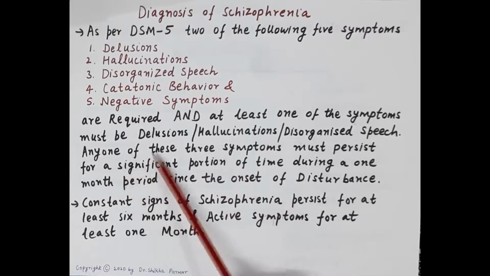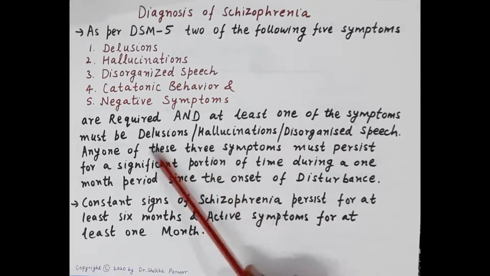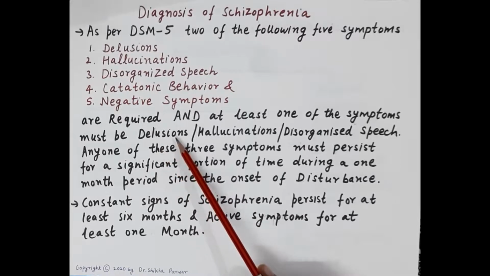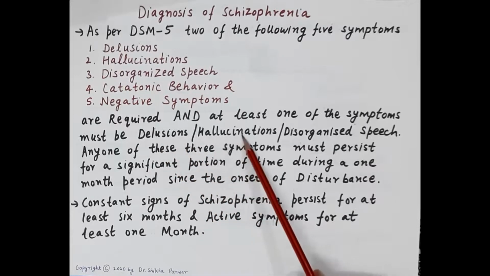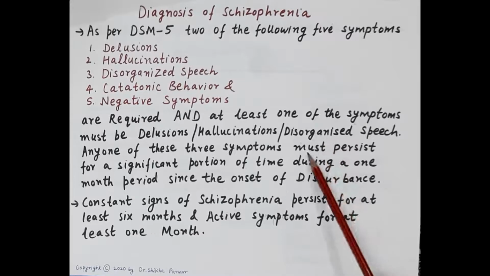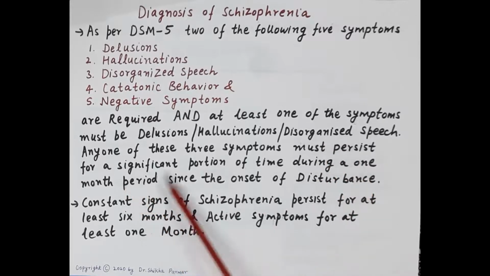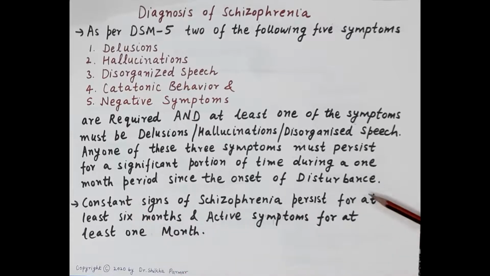And any one of these 3 symptoms must persist for a significant portion of time during a 1-month period since the onset of disturbance.